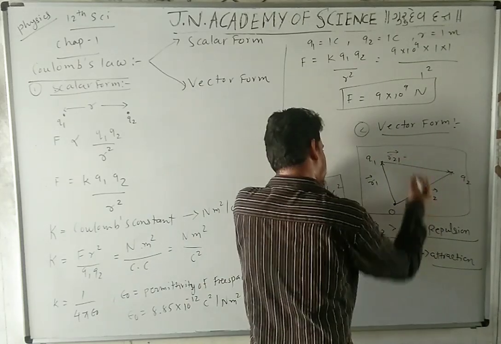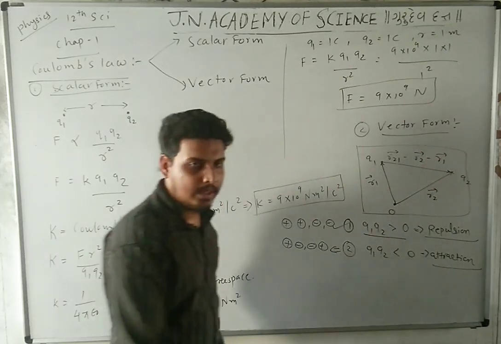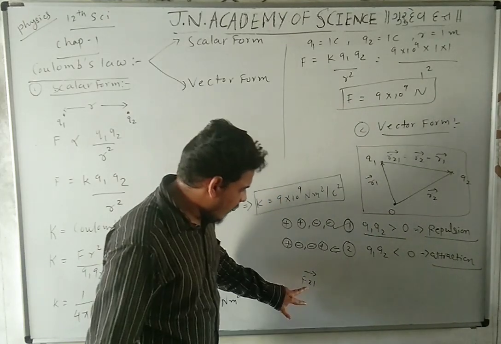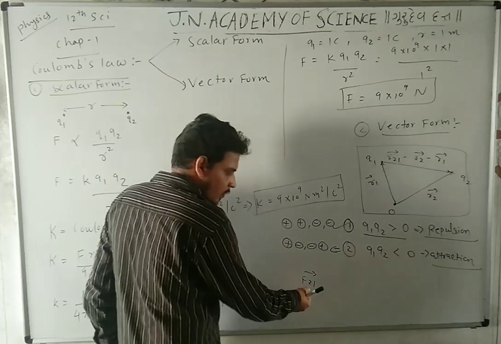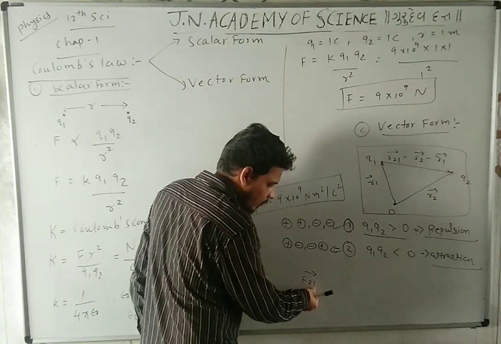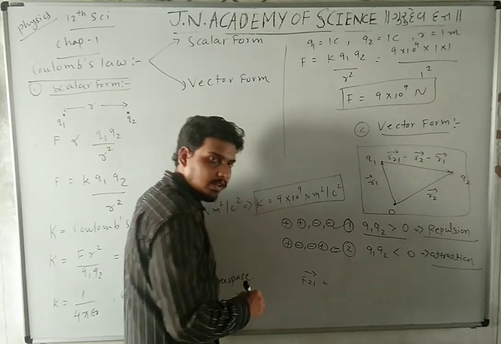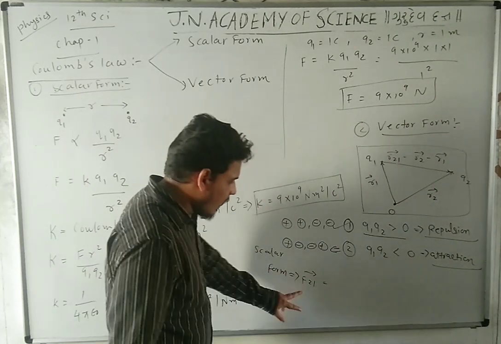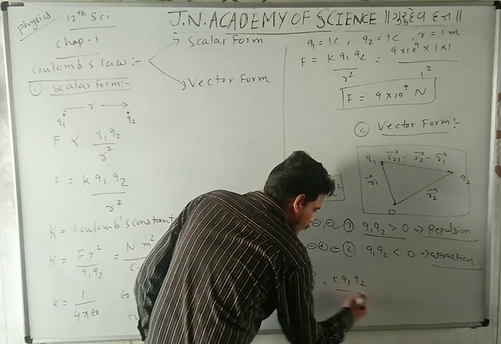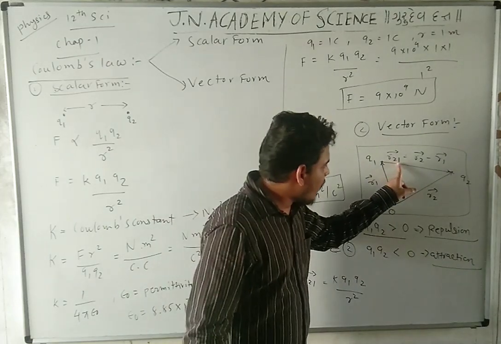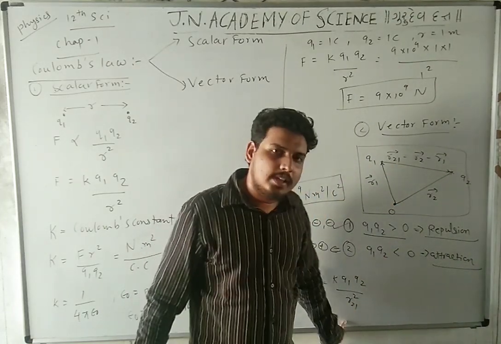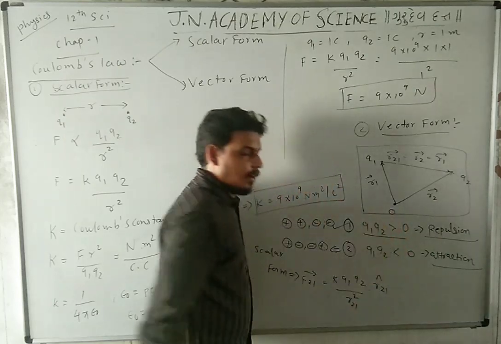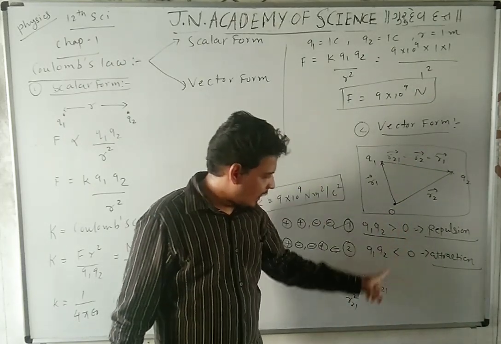So now considering the scalar form, F21 will be K q1 q2 divided by r21 square, and also introducing the unit vector of that particular direction.